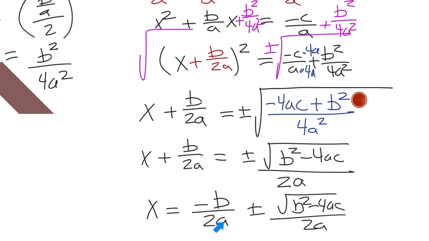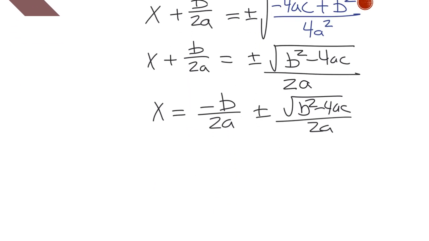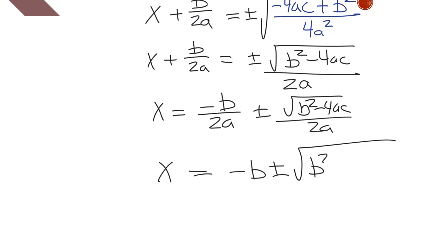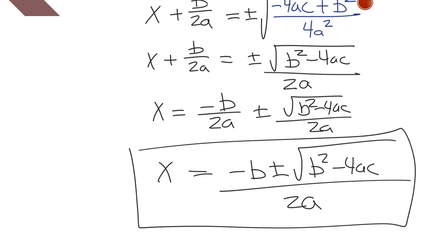Since they're both over 2a, we can combine the numerators. So let's just do that as our final thing. And we get x is the opposite of b plus or minus the square root of b squared minus 4ac all over 2a, which is your quadratic formula.